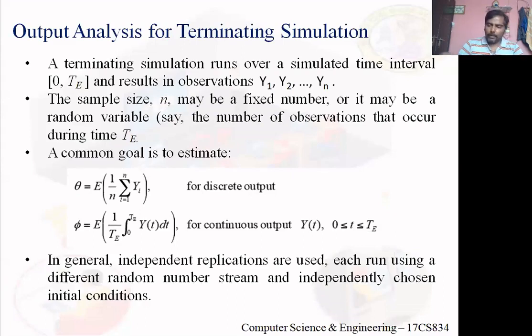Means today when I run my simulation, the input I give to my model and the initial condition I specify should be entirely different from tomorrow's. Today the input stream and initial condition I specified while running the simulation should be different from those I use when I run tomorrow. Got it? This we call independent.